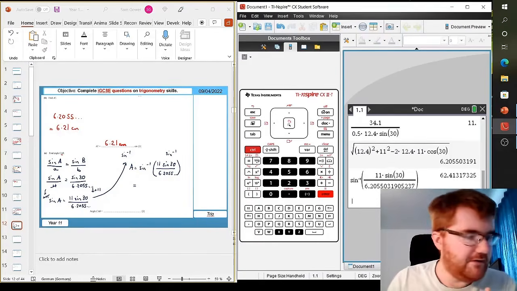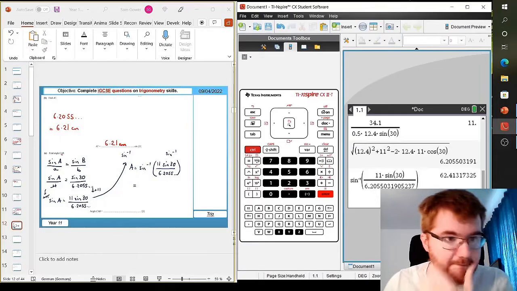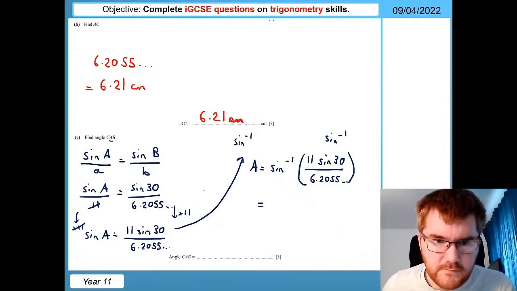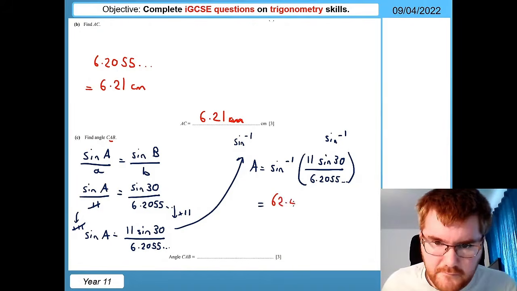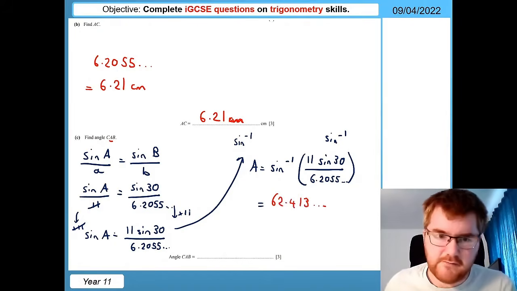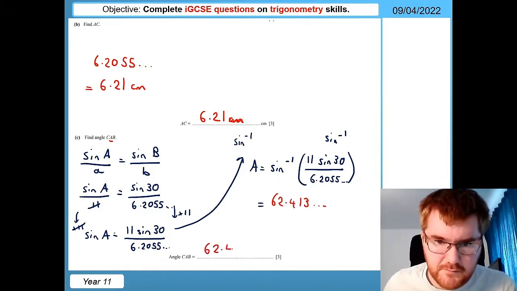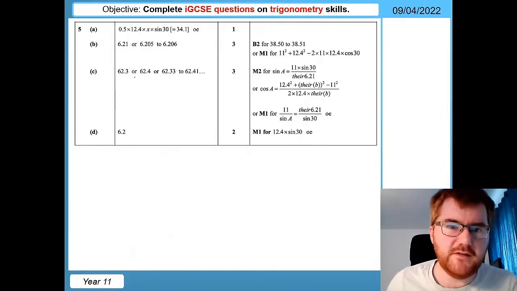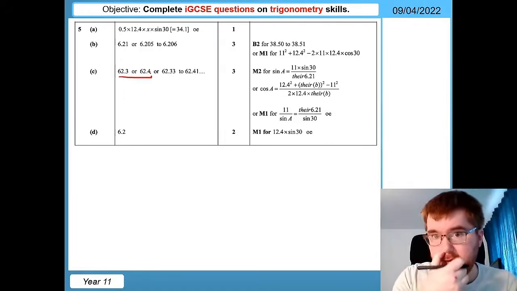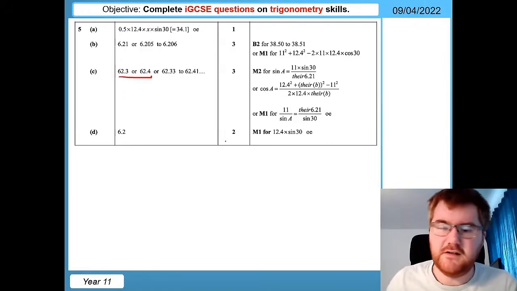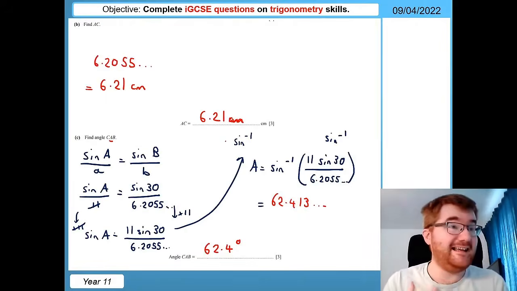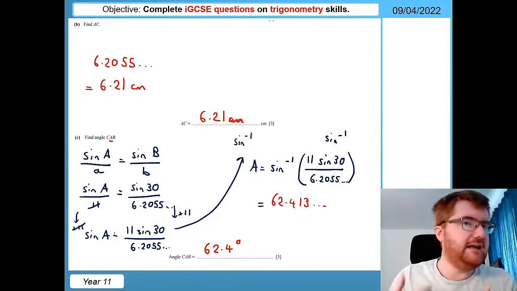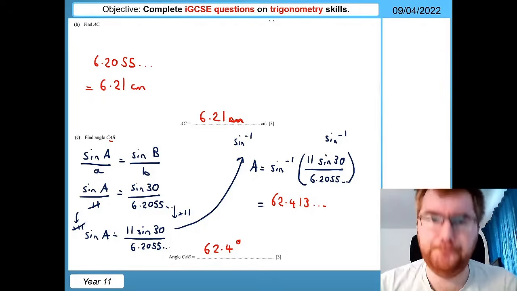And then we get our answer of 62.413. And that rounds then to 62.4 degrees. If you check the mark scheme again, that falls within that range that we've looked at here. That's absolutely fine. Notice I do try and keep it unrounded when I can, because it does give you the most accurate answer in case there are any problems with the accuracy there at all.